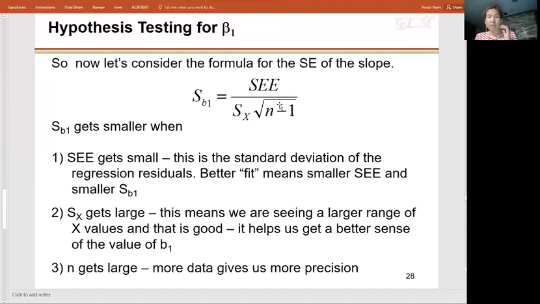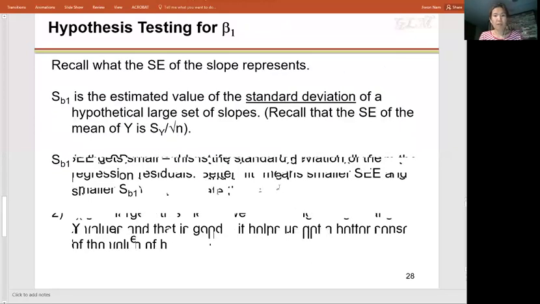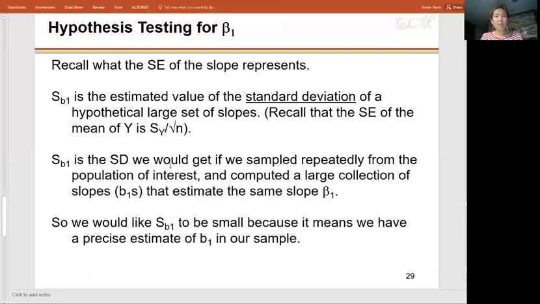If you have a larger sample size, your standard error for slope becomes small. Your error becomes small, which means your accuracy, your precision, becomes higher. That's why I advise you to have enough sample size in your data. SBS, the standard error for slope, is the estimated value of the standard deviation of a hypothetical large set of slopes.